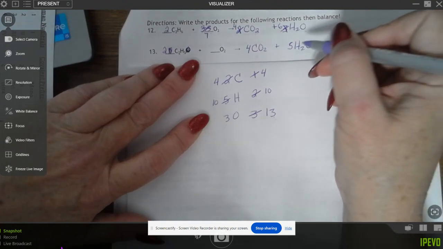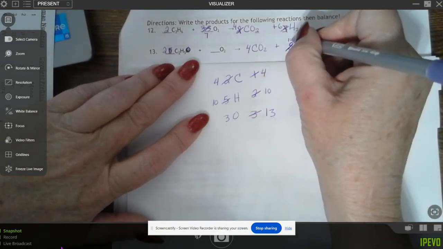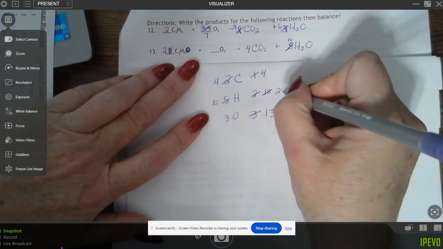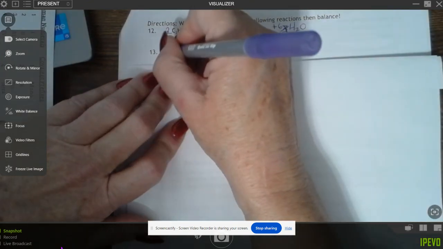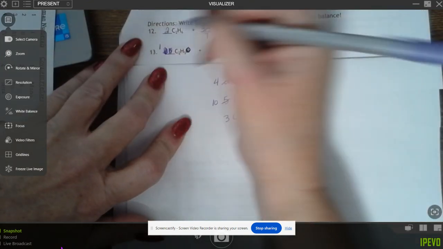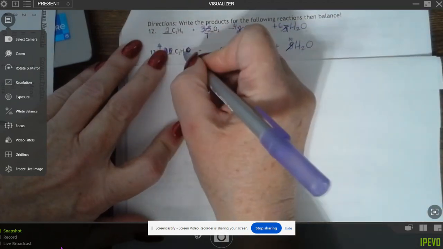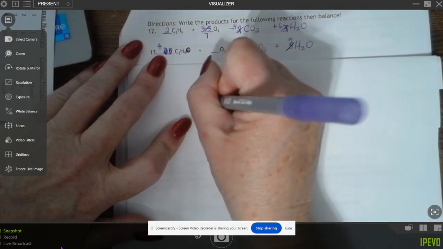All right, so I'm going to double this, just like we did on the last one. So I'm going to say I've got 10 H2Os now, which gives me 20 hydrogens. Now, let's see, I need 4 of these. 4 times 5 is 20 hydrogens.